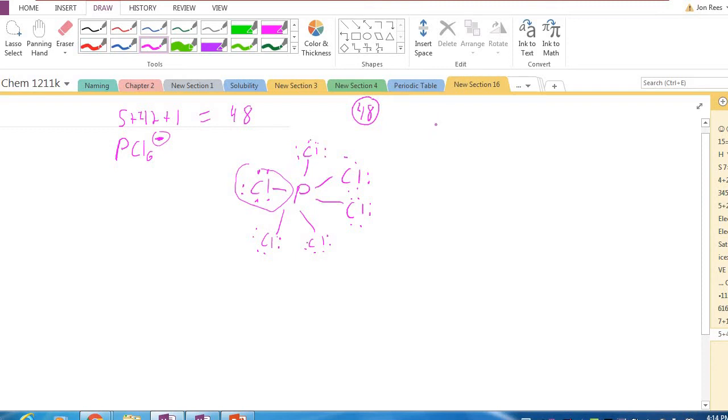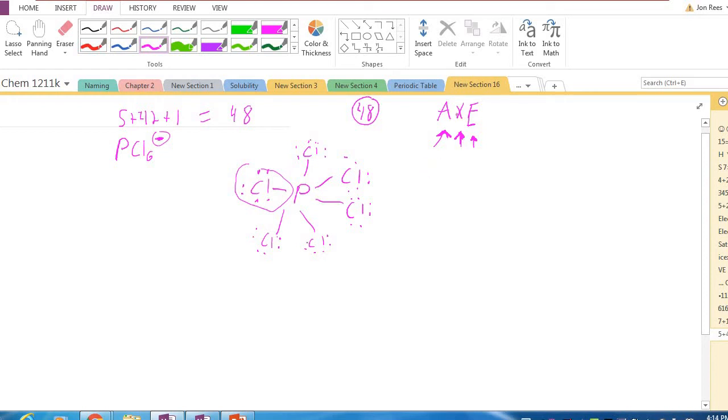Now we talk about the AXE nomenclature. The A stands for the central atom in a Lewis dot structure. The X stands for the number of atoms coming off of the central atom A, and the E stands for the number of lone pairs.